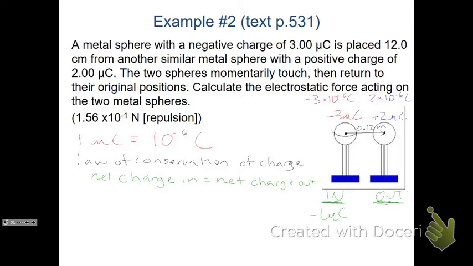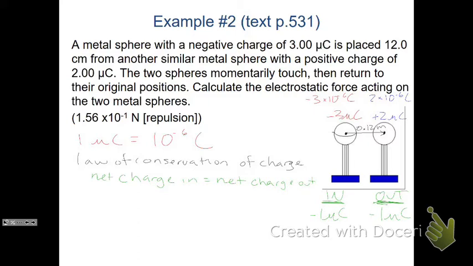And going out, our net charge has to be conserved, right? So we have a net charge of negative 1 going in, so our charge going out must also be negative 1 microcoulombs. Each sphere wouldn't necessarily have negative 3 and positive 2, but the total is negative 1 microcoulombs going out.